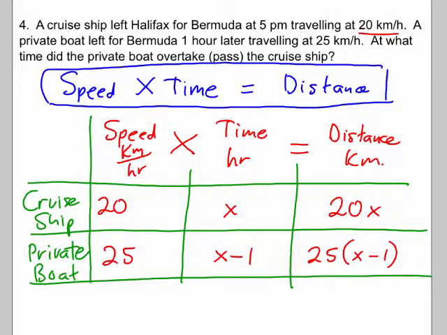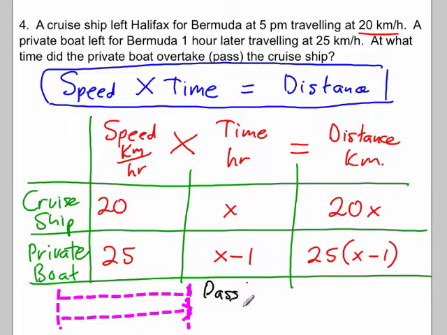All right. Now, the question is, how are we going to figure out when the private boat overtakes or passes the cruise ship? The cruise ship is going slower. The private boat is starting later. When are they going to pass? The key to this is that they will pass or meet when each of them has traveled the same distance.